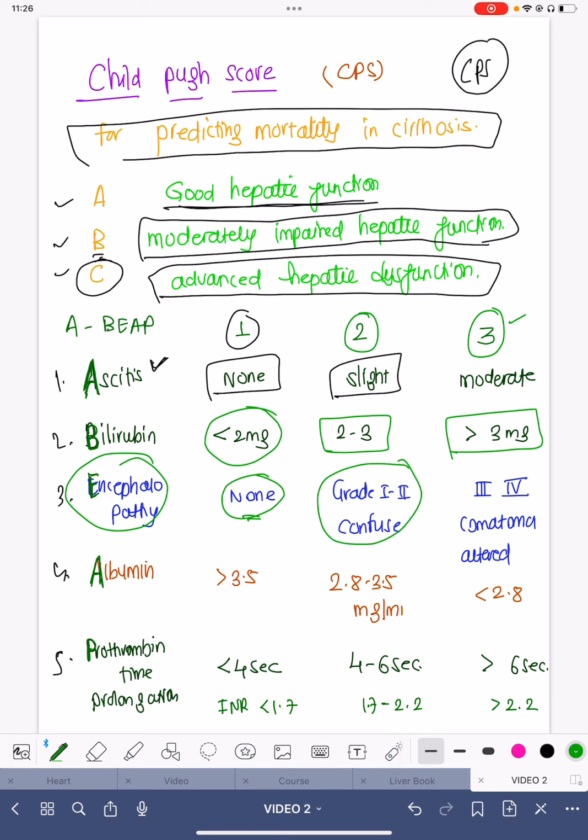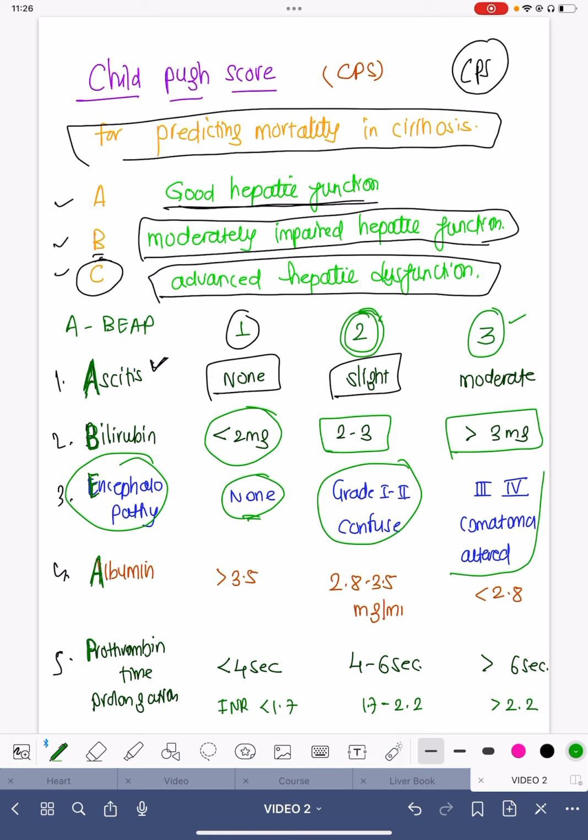If the patient has grade 1 to 2 encephalopathy, where the patient will be confused, there will be some problem in remembering, there will be some problem in doing calculations. The patient may be disoriented for some of the time, but usually the patient is talkative, gives reliable history, or communicates very well with the doctor. At that point, we can give a score of 2.